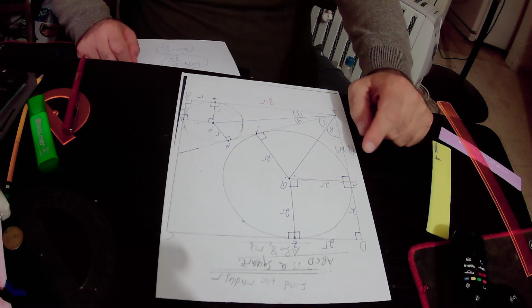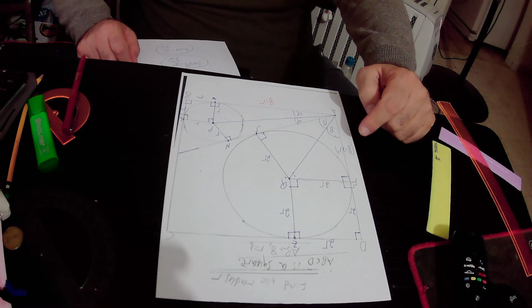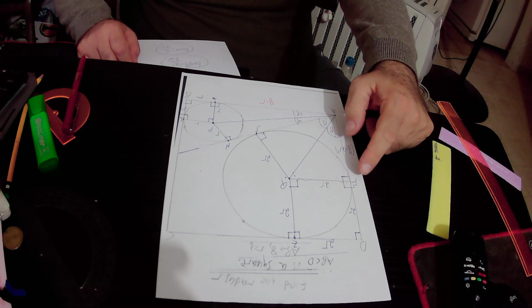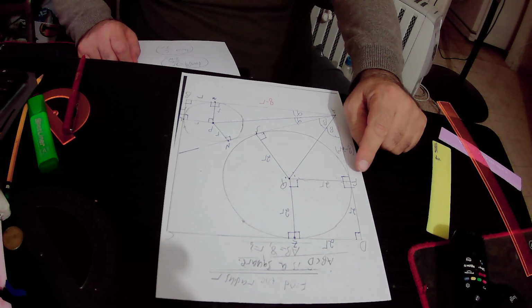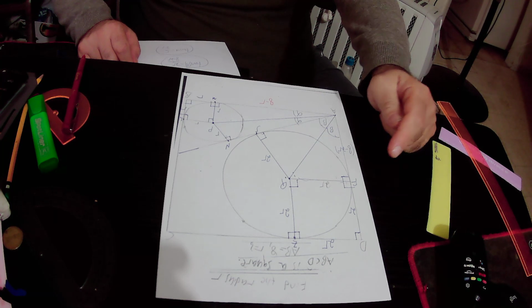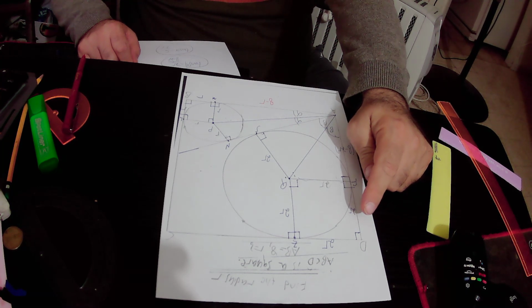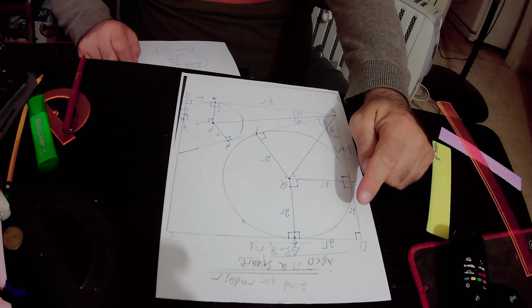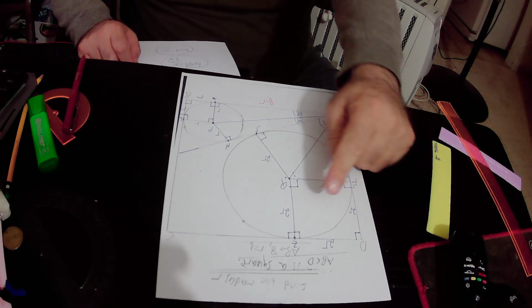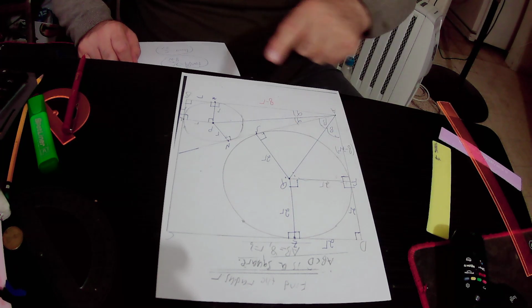Again, we have this radius and we have the tangent AD. The tangent AD is perpendicular to this radius at the point of tangency, that is to say point F. So this angle is 90 degrees. This angle is 90 degrees because it is the angle of a square, and this angle is also 90 degrees according to rule number 1.